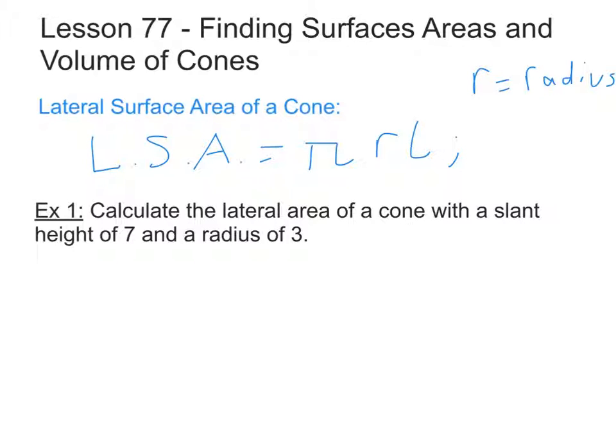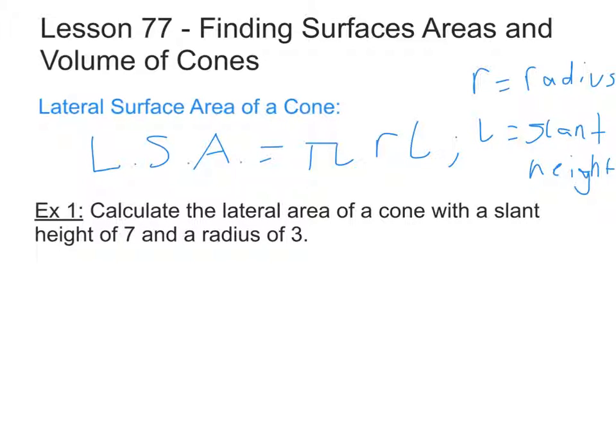And L, as we've talked about before, is going to stand for our slant height. So to find the lateral surface area of the cone, we simply need to take pi times the radius times the slant height. Two variables and our one constant, pi.